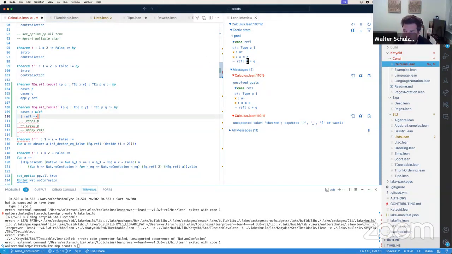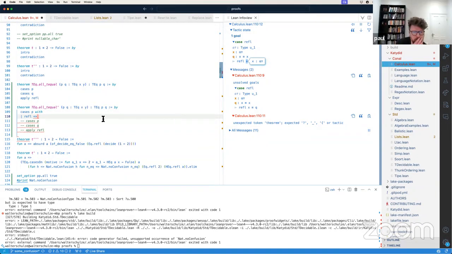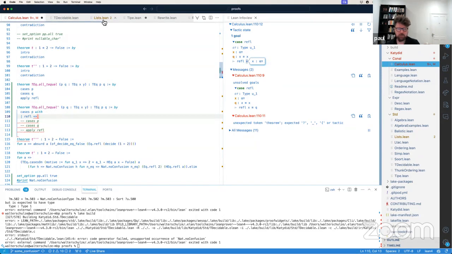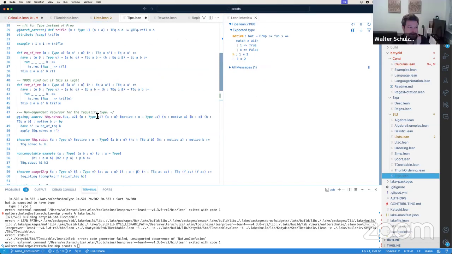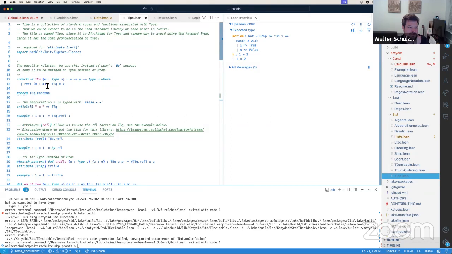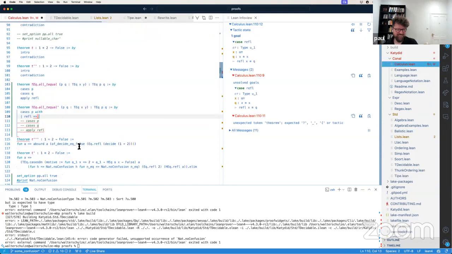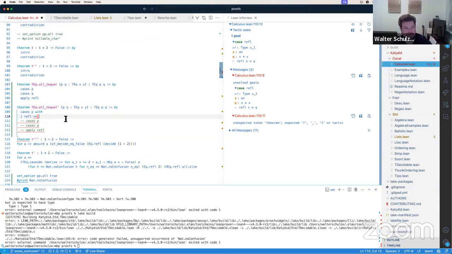That's so weird, right? Usually I would have access to the variable that I pass to the constructor. But here it's implicit, is it? So it doesn't bind it? Weird.